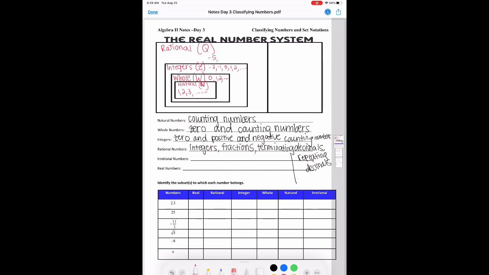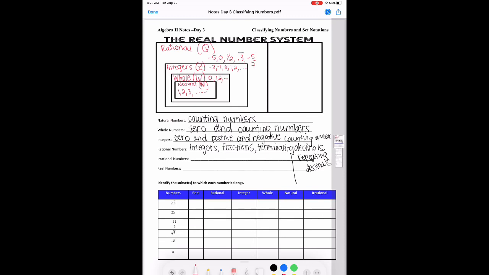So we could have a negative number, 0, 1/2, 0.3 repeating, a negative fraction, and so on and so forth.